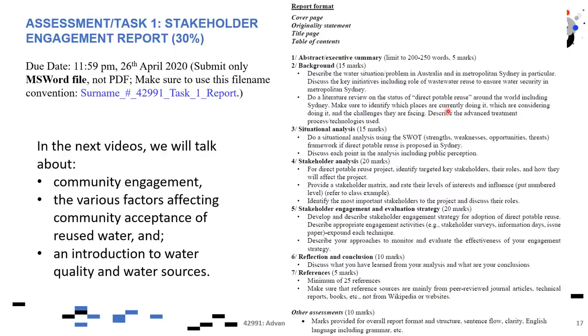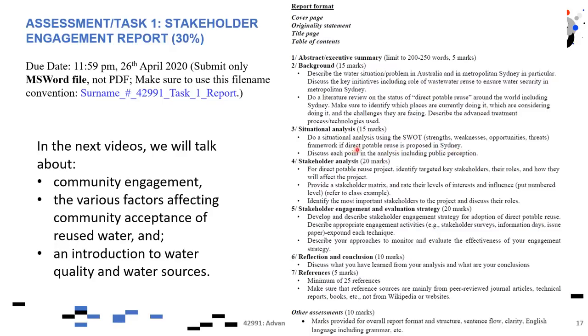So the scenario for this one is related to the scenario given in a separate document, but this one is more focused on having a direct potable reuse project in Sydney. The scenario is, what if there is a project for direct potable reuse proposed to be built in Sydney.